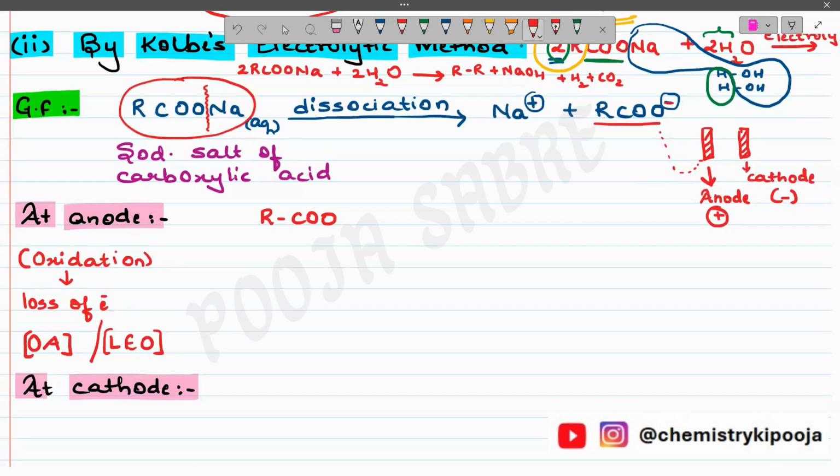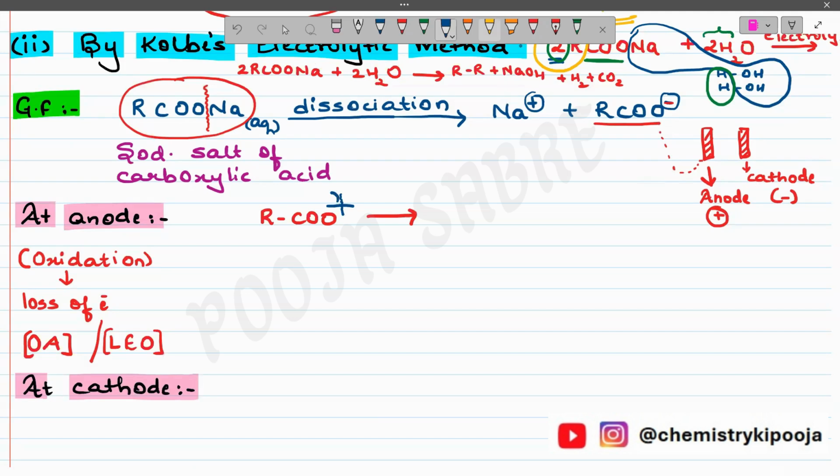Now further, what will happen in this case? This particular group, this entire thing, there is a minus charge over here. So minus charge means what, students? Minus charge means there is the presence of electrons over here, isn't it? So this will get divided, homolytic fission will take place.